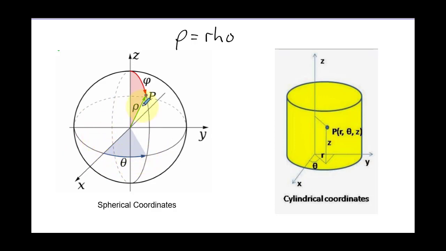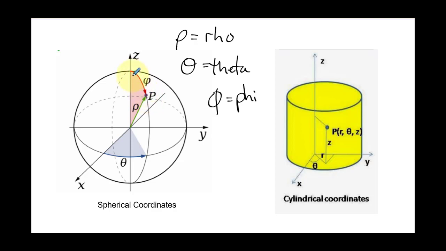So that's theta, and then there's phi, and phi is an angle that in spherical coordinates we will measure from the positive z-axis down to that point in three-dimensional space.